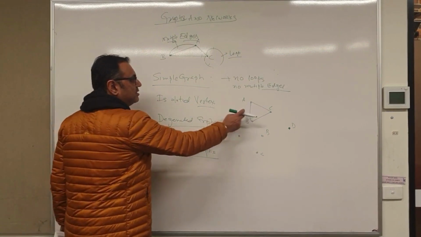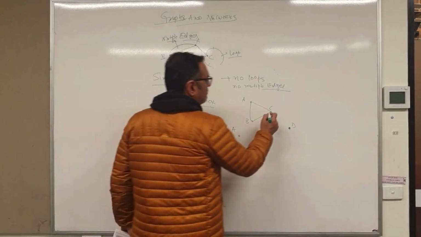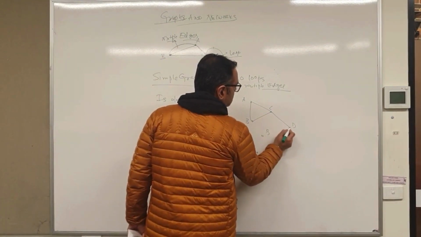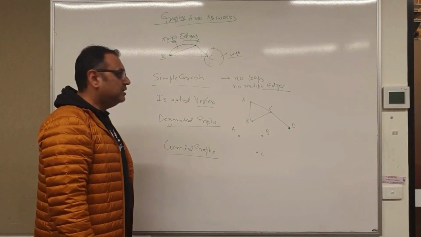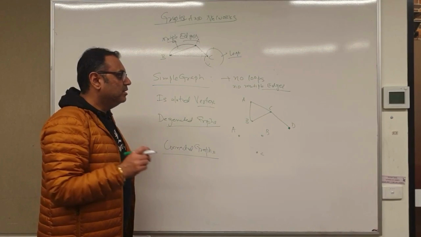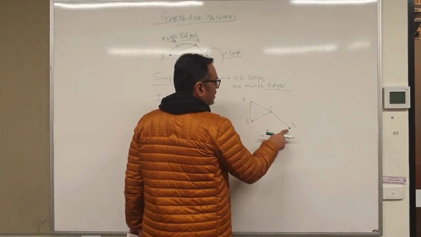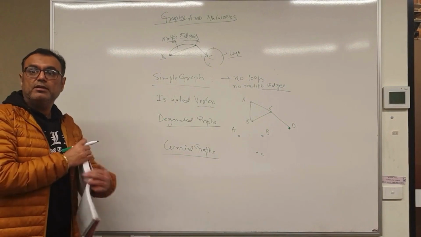So this is a connected graph. Or probably if suppose I had this, it's a connected graph. There are no isolated vertices in a connected graph. I can go from B to D, I can go from anywhere to anywhere, either directly or indirectly. So they are called connected graphs.